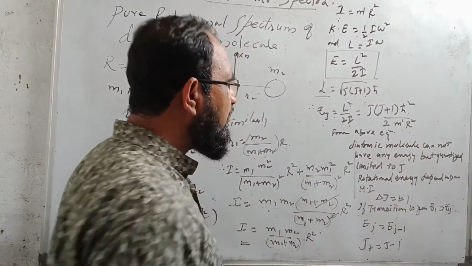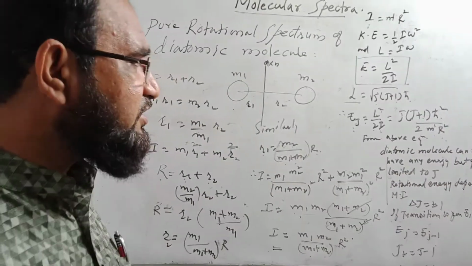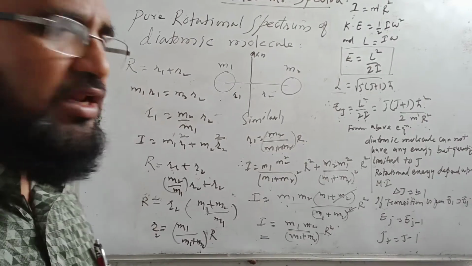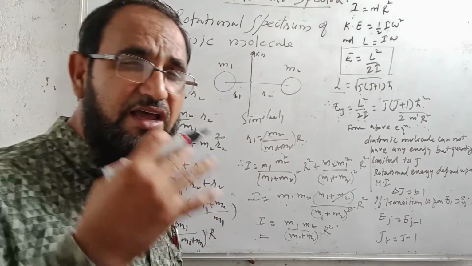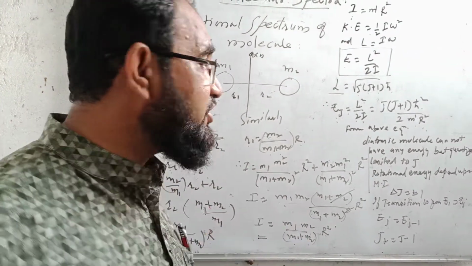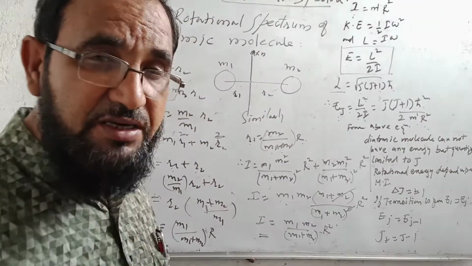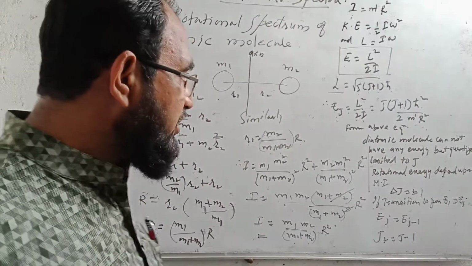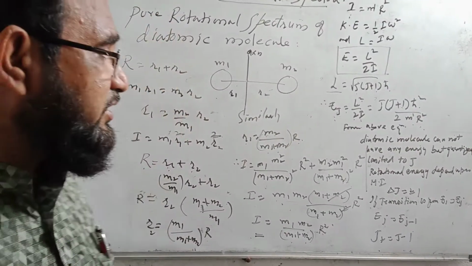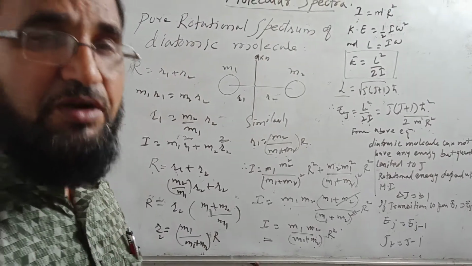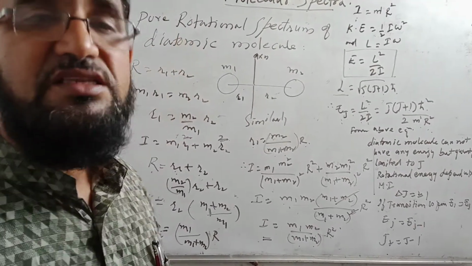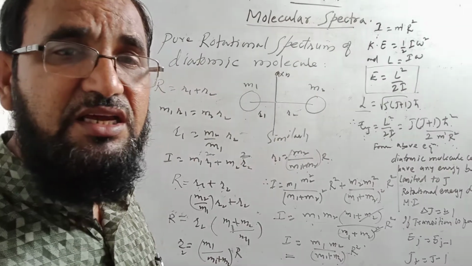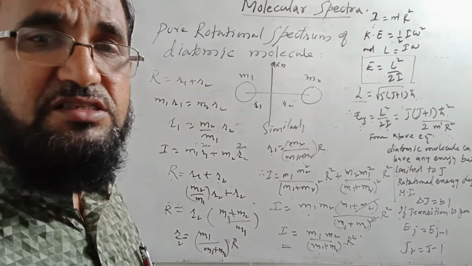From the above equation we can say that the diatomic molecule cannot have any arbitrary energy level; the energy is quantized and it is limited to j. The rotational energy depends upon the value of the moment of inertia, and delta j can be taken as plus or minus 1.